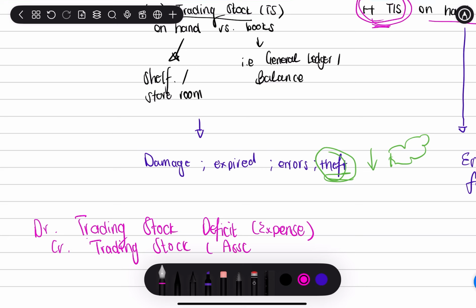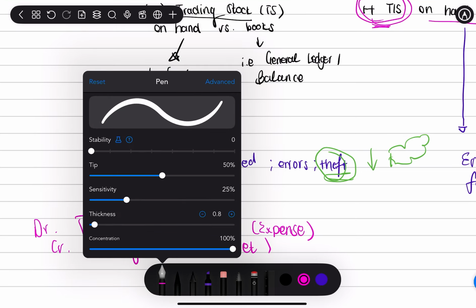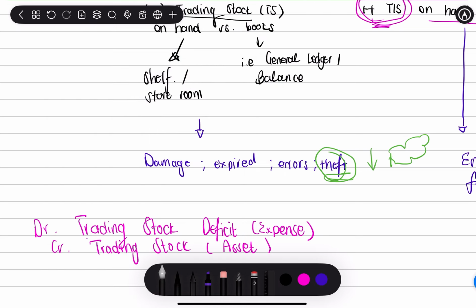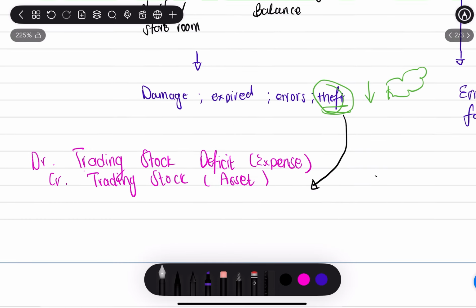For example, if we are taking the example of theft, goods were stolen that we weren't aware of. We have less trading stock than what we thought we had, so the amounts in our books must come down because it was more.